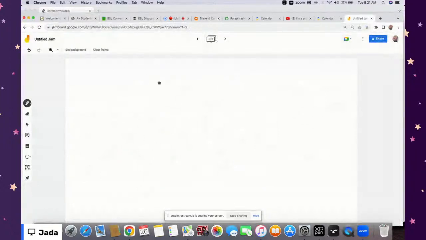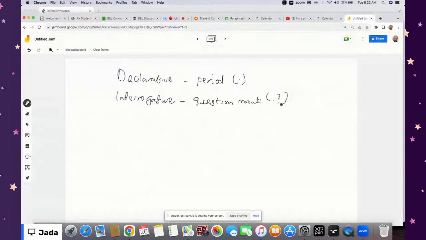Let's do this again. See, declarative, it's a period. So it's this one, the dot. Then interrogative, it's a question mark, like this. Then imperative. Imperative is the command, so it could be a period or an exclamation.